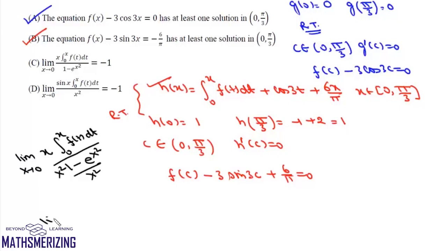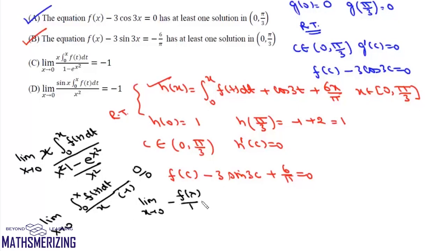Now, we can rearrange this limit as limit x tends to 0, this integral from 0 to x of f(t) dt upon x, since x and x will cancel, into this standard limit, e to the power x minus 1 upon x, which is 1, and here it is 1 minus e to the power x square, so this value will be simply minus 1. Now this is 0 upon 0 form. If we use L'Hopital's rule, we can write limit x tends to 0 f(x) upon 1 and this minus, which is equal to minus f(0), and the value of f(0) is 1. So the value of this limit is minus 1, which means this option C is also correct.